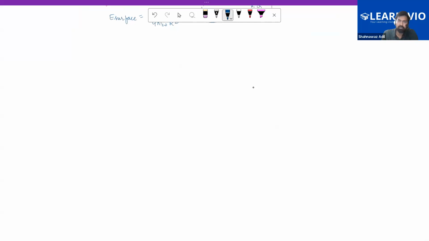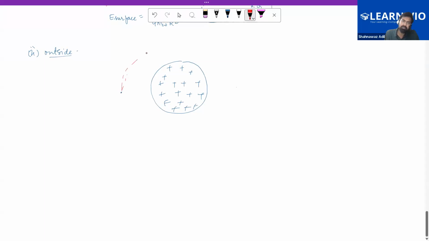So the next part was the outside. This would be very simple because we have this distribution, right? And let's say we want to find out the electric field at this point, whatever point. So we will make a Gaussian sphere.